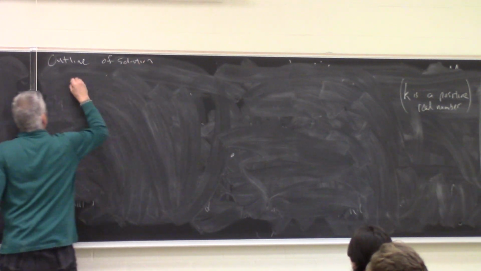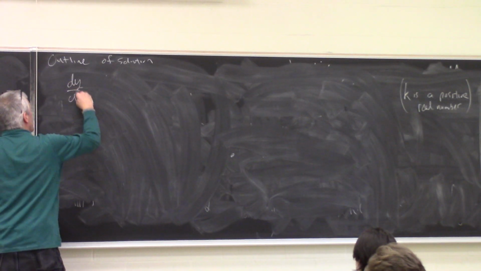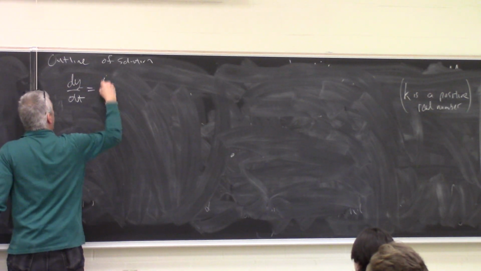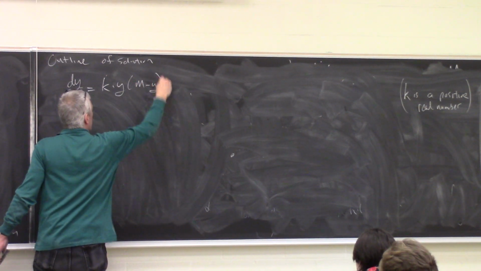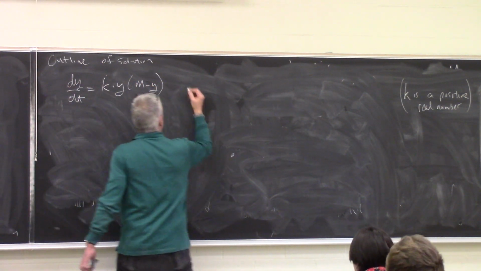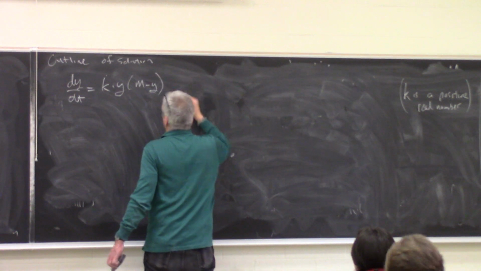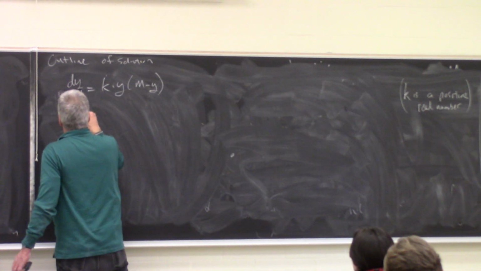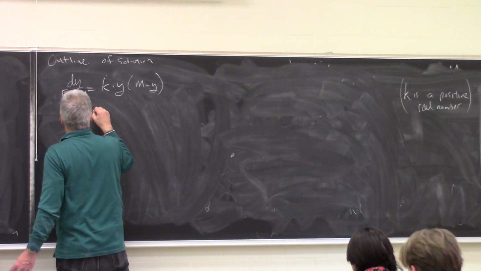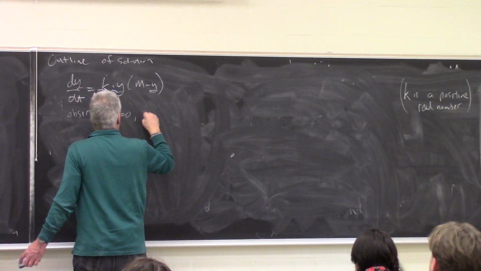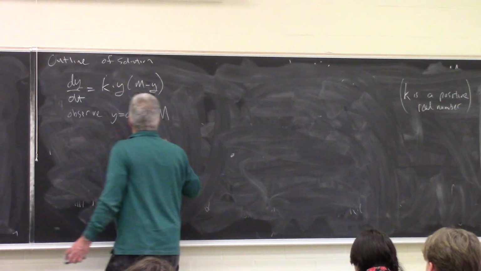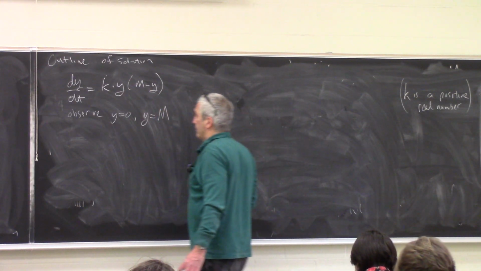So we have dy dt equals k times y times m minus y. And right here, observe y equals 0 and y equals m are solutions.